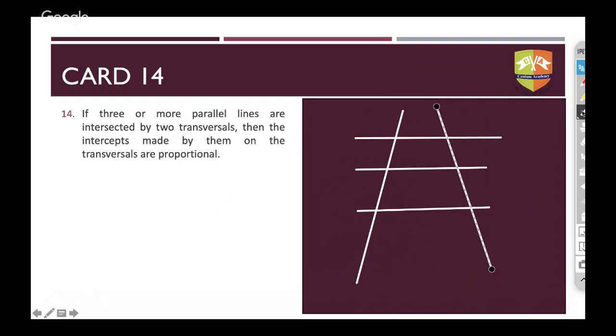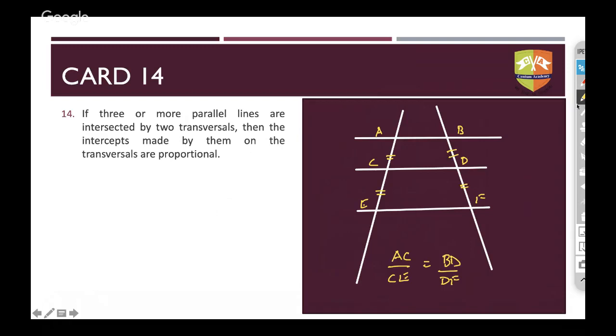So let's say this is A, B, C, D, E, F. Then they are saying AC upon CE is equal to BD upon DF. So this side upon this side is equal to this side upon this side.